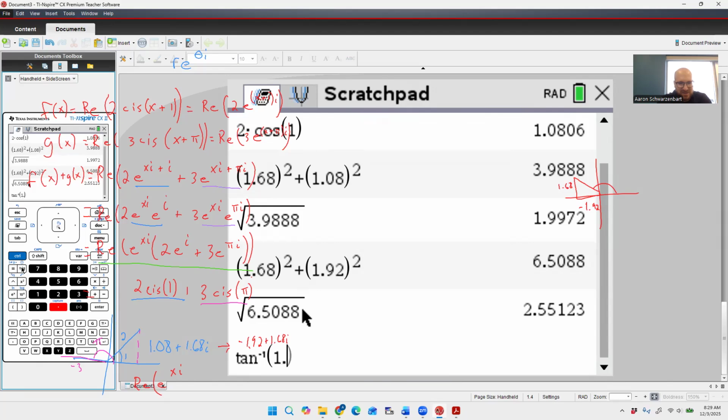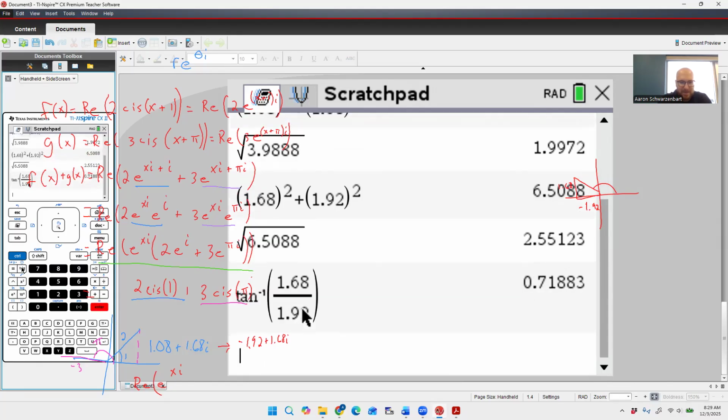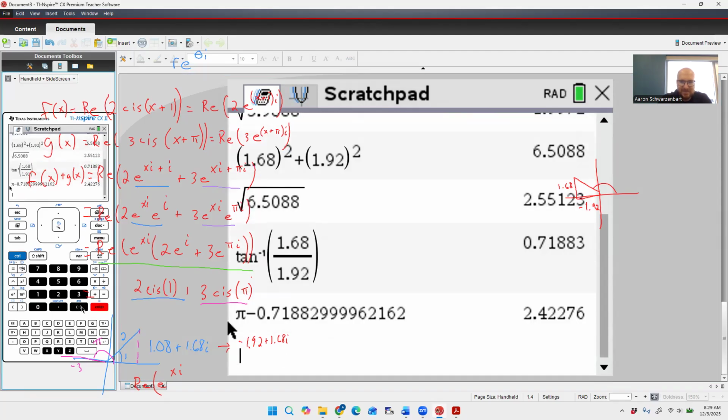Tangent is opposite over adjacent. So I get 2.42. That comes back here as 2.55e^(2.42i).